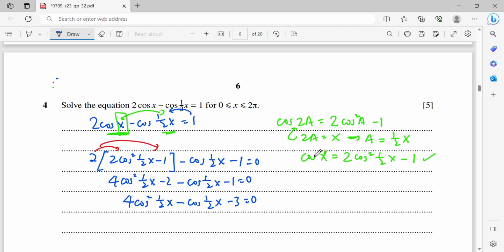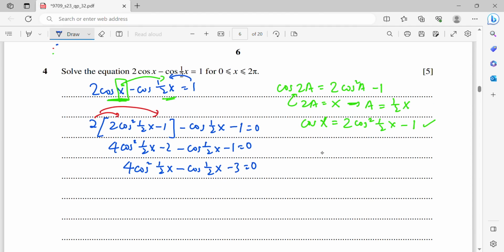Okay, so now from here, since I'm getting an equation in terms of squared, with degree 2 for cos half x, instead of changing this to quadratic equations, I can just keep this term as cos half x. Then you factorize this. But of course, you will not write your factors in x, it will be in cos half x.